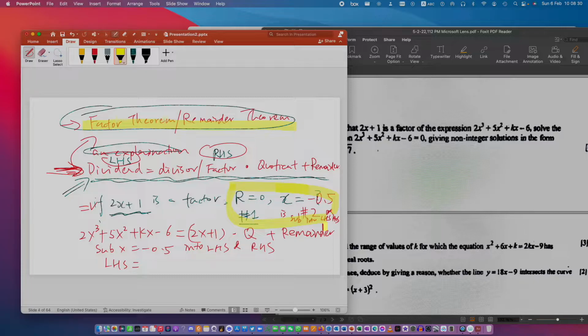Once you sub this -0.5 into it, your left hand side is equal to something already, so you get 2 times negative 0.5.